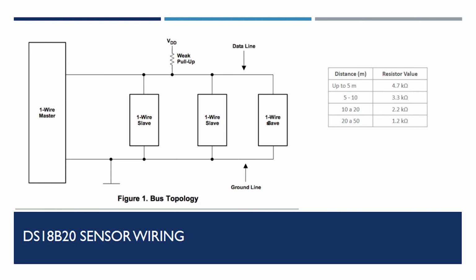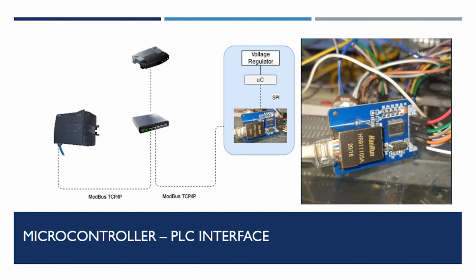Regarding the internal wiring, we're going to use only one slave and a single pull-up resistor connected to the microcontroller. For prototyping, I've used this module to get access to the Ethernet network, which implements the SPI communication protocol.